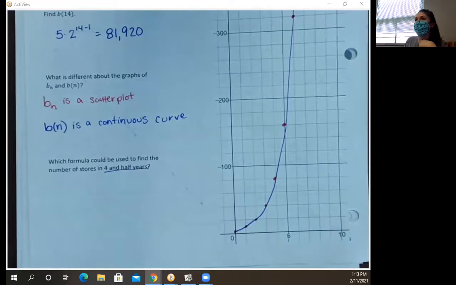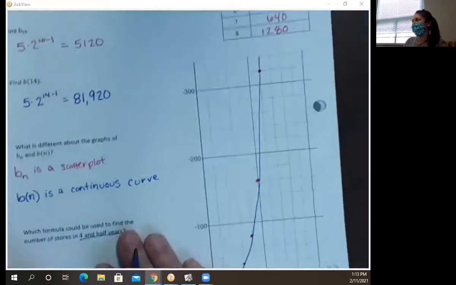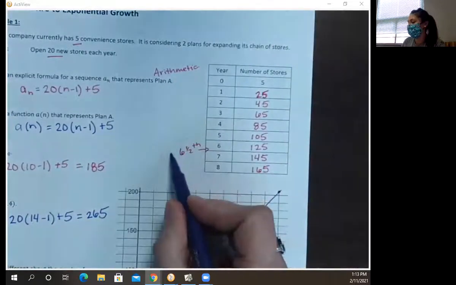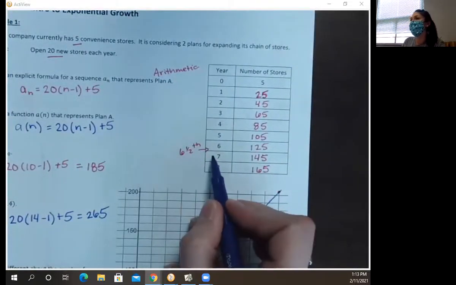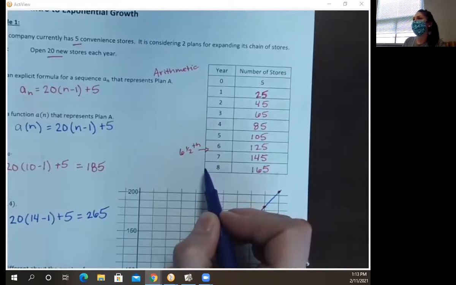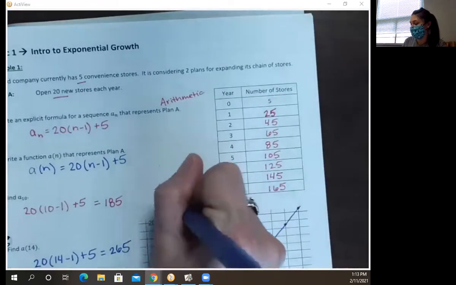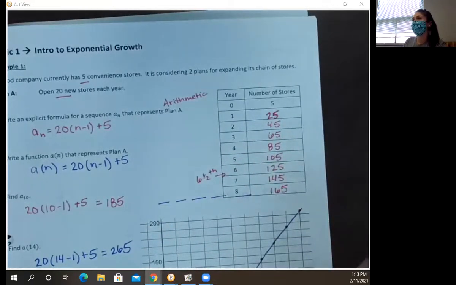Could I find the 4.5 step for a sequence? Could I find the 6.5 step of this sequence? Sequence: first term, second term, third term, fourth term, fifth term. Do I get anything in between there for a sequence?